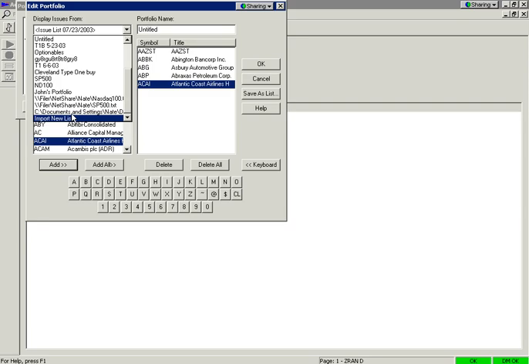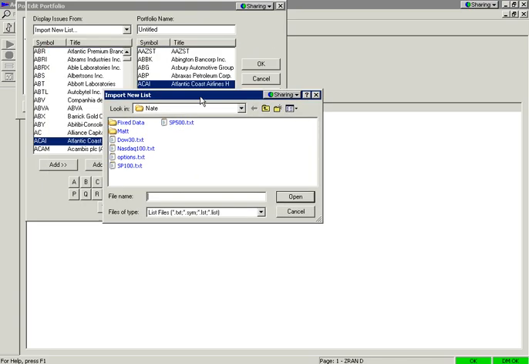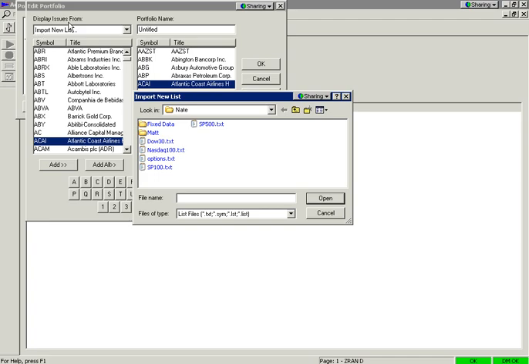For instance, I have a text file of the S&P 500 on my computer. So I selected Import New List from the Display Issues From drop-down menu, and I have them in a folder labeled Nate, and there's my S&P 500 text file.